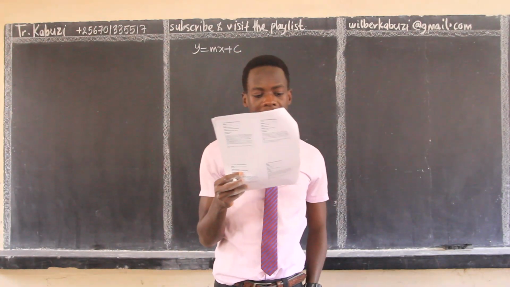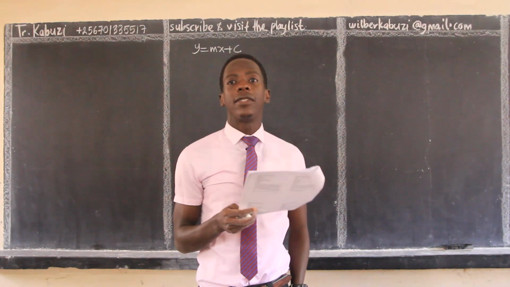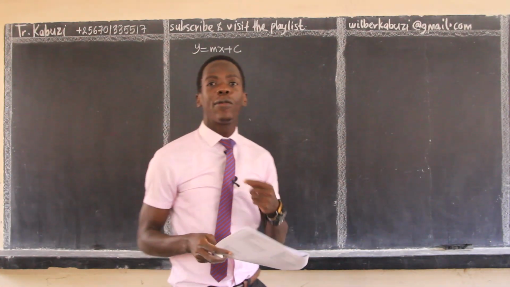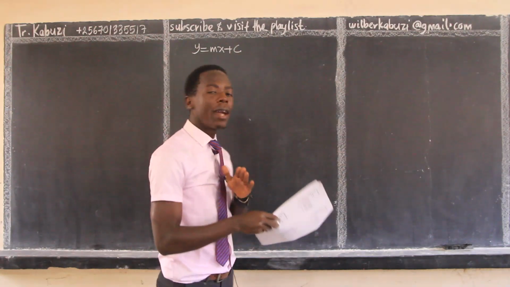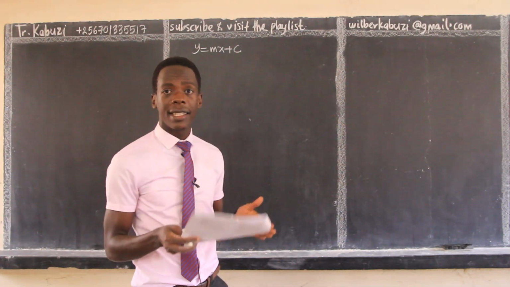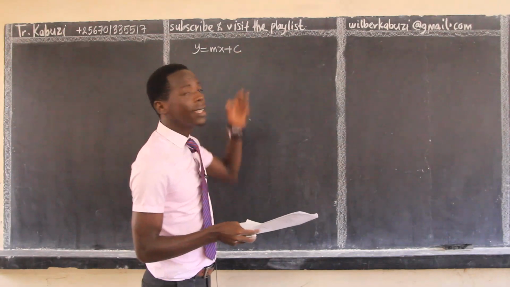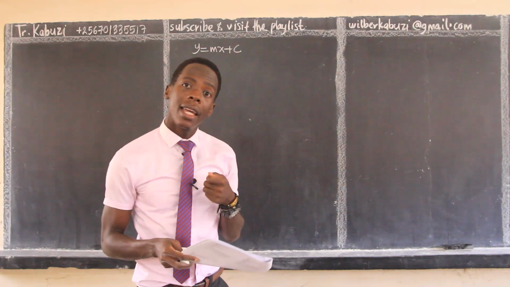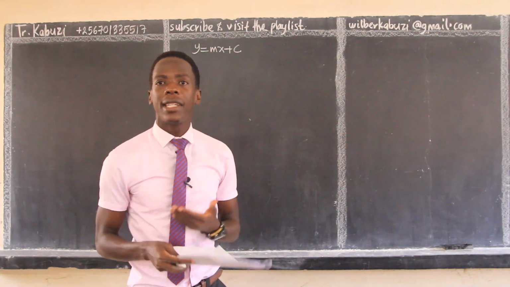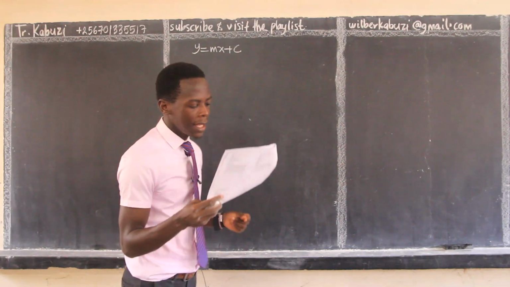They are charging 60 at the entrance, so that 60 is going to be a constant for everyone who enters, which is 60,000. So our c is going to act as our intercept, which is the constant amount everyone has to pay.